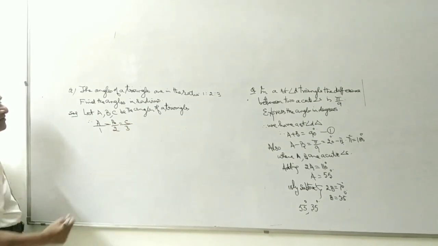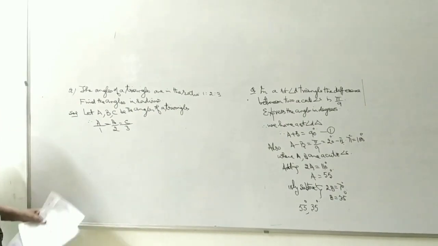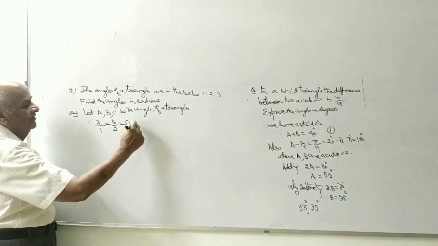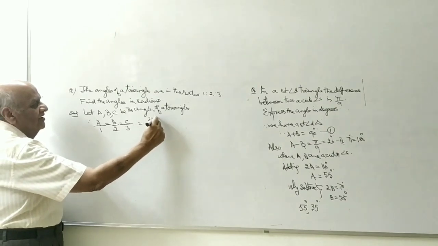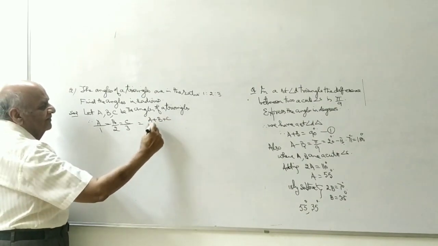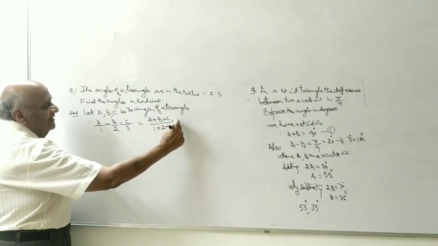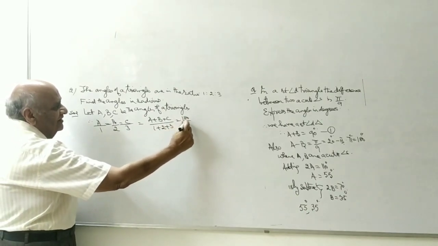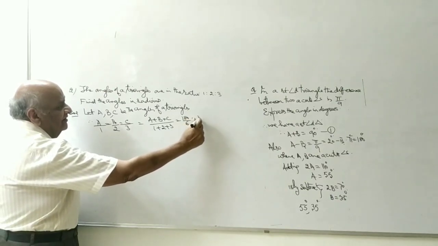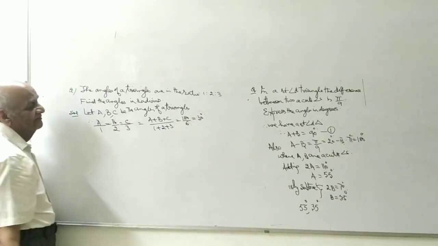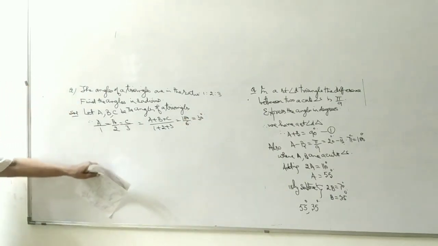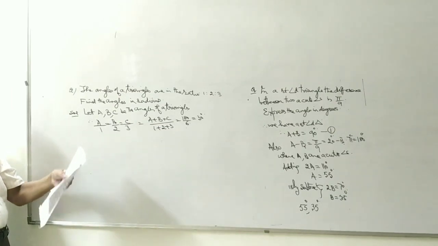Moreover, from the basic classes, we know by ratio and proportion, A plus B plus C upon 1 plus 2 plus 3 is 180 upon 6. This is equal to 30 degrees.